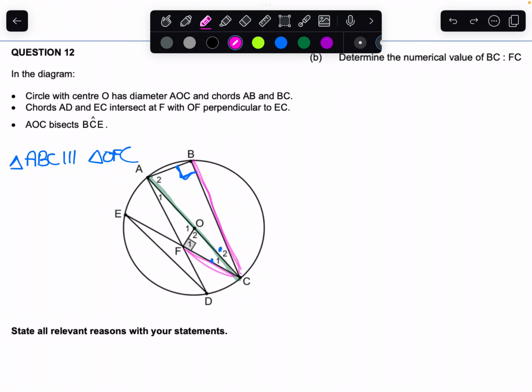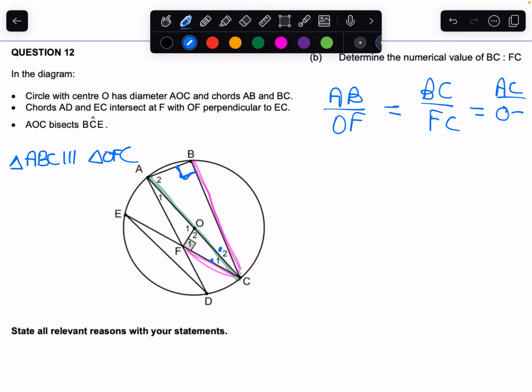I call it my statement of proportion. That's when you look at this statement and you use it to indicate which sides are proportional to each other in the two triangles. So you say AB over OF is equal to BC over FC is equal to AC over OC, right?